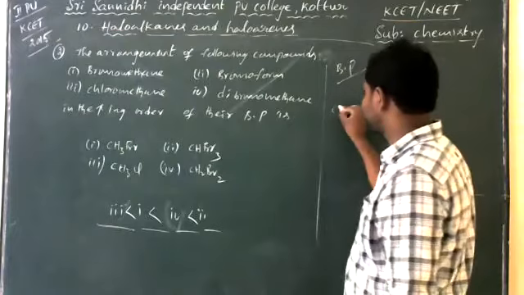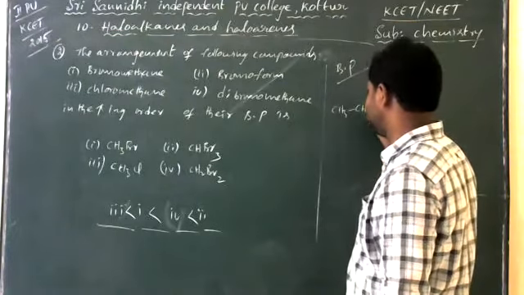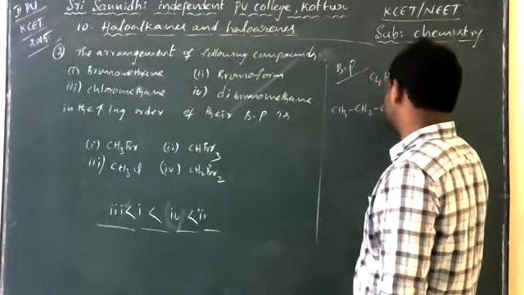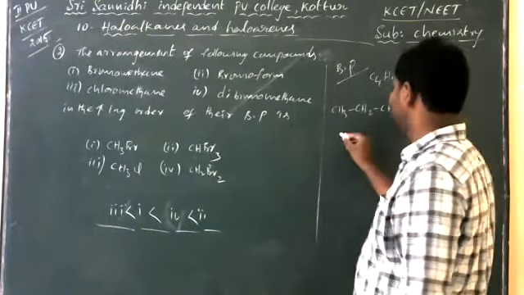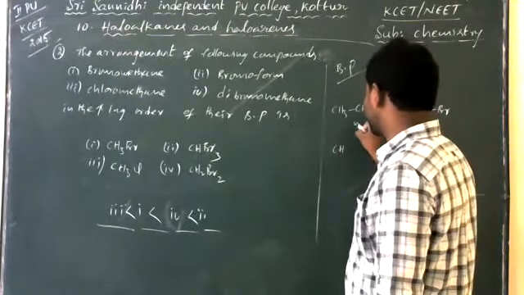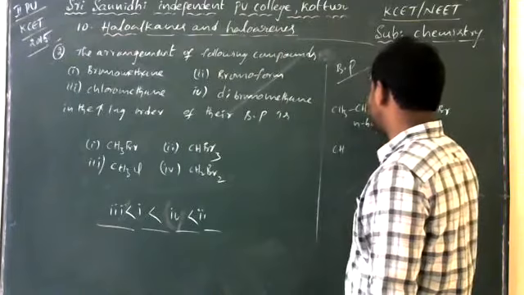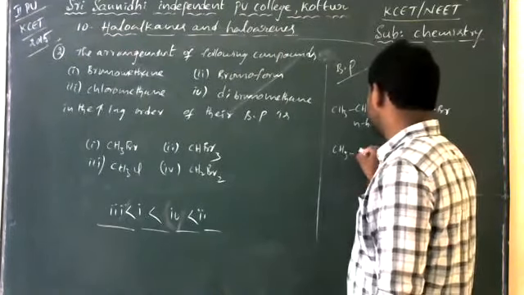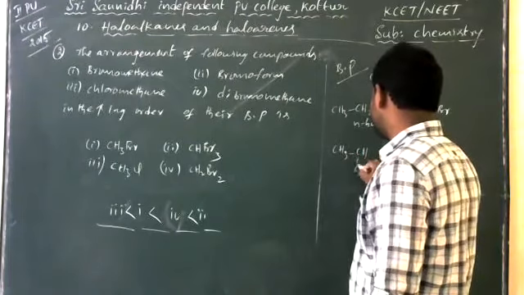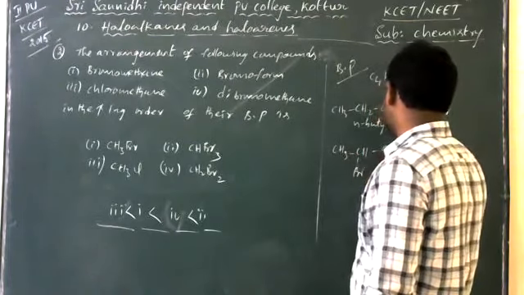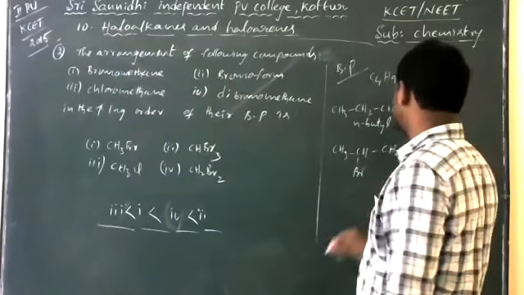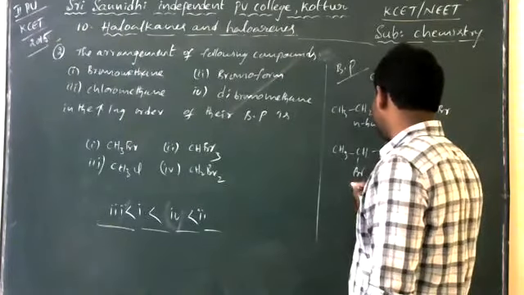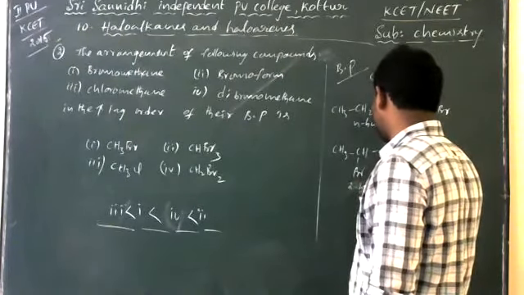It can be written CH3CH2CH2CH2Br, and we call it n-butyl bromide. Next, CH3CHBrCH2CH3, which is called secondary butyl bromide, also written 2-bromobutane.